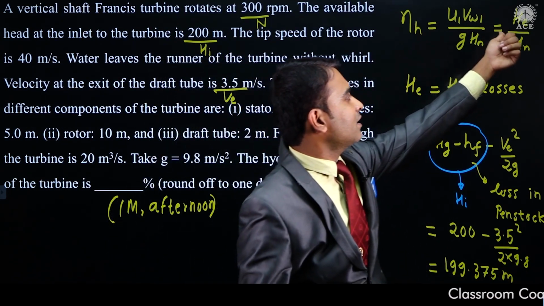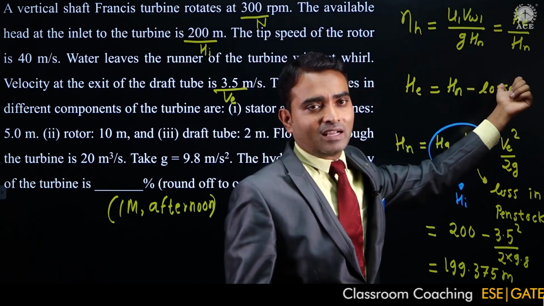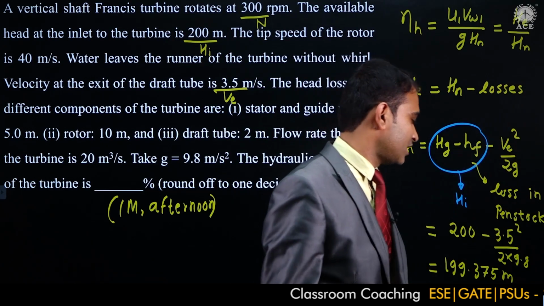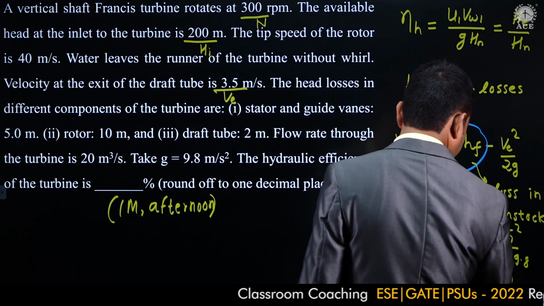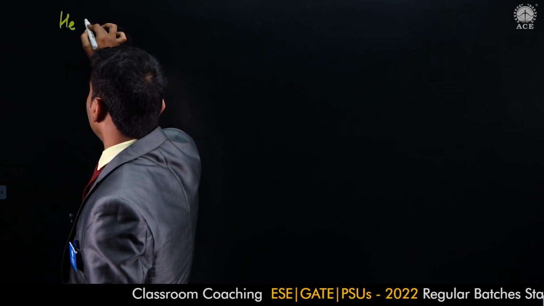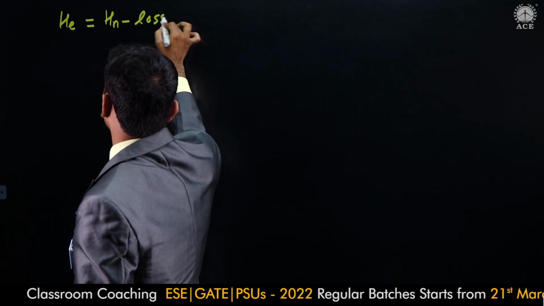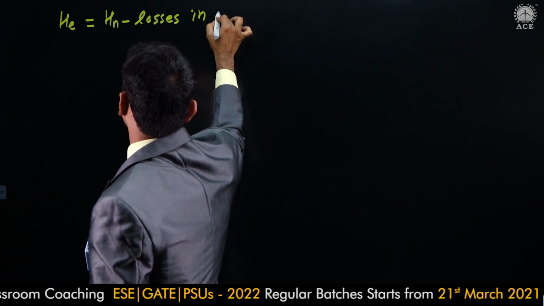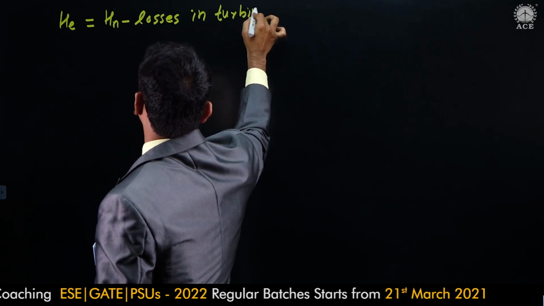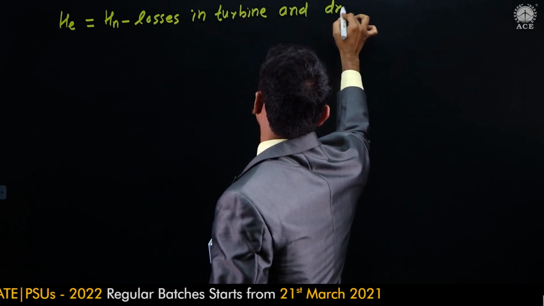Now we have to calculate Euler's head. Euler's head equals net head minus losses in the turbine plus draft tube. Now these losses are given. HE equals net head minus losses in turbine and draft tube.